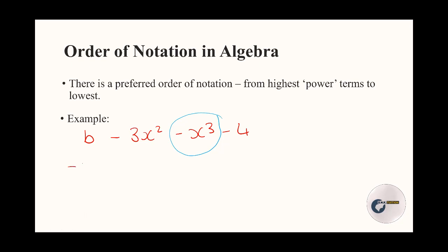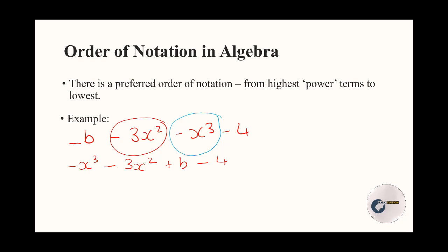So that would actually be minus x cubed, and then next I go to this value, minus 3x squared plus b, because there is nothing in front of that, so we know it's positive, and then minus 4. So as you can see, it went from the highest power to lower to the next term, which is the lowest power, and then to simply a number value. Number values always come at the end.